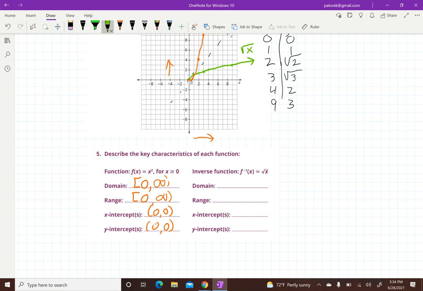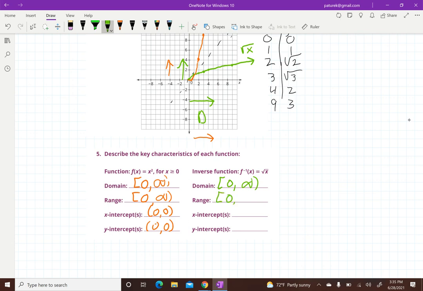For the inverse function, its domain begins at 0 and goes off to the right. So again, domain is always the horizontal part of the graph as you look at it. And it begins at 0 and goes off to positive infinity. For the range, it begins at 0 and goes up to positive infinity.